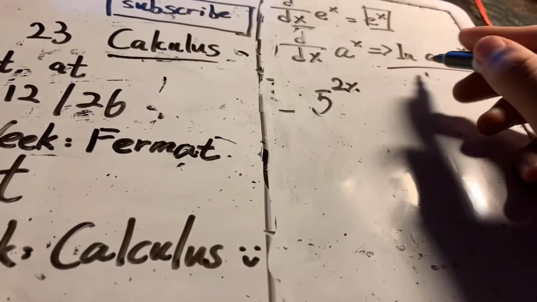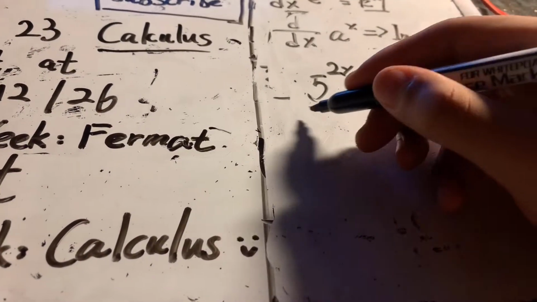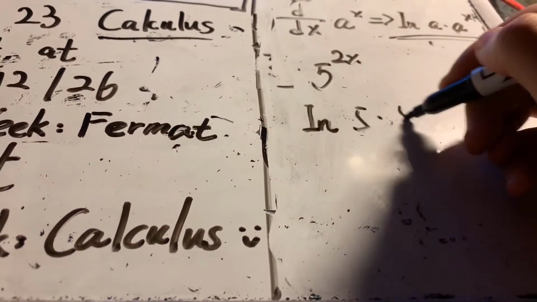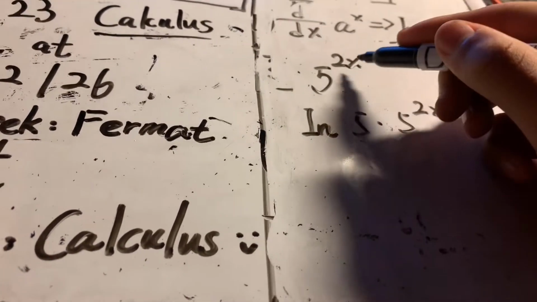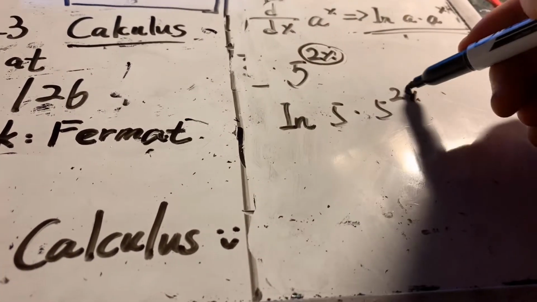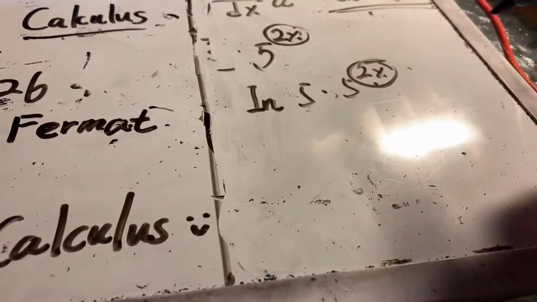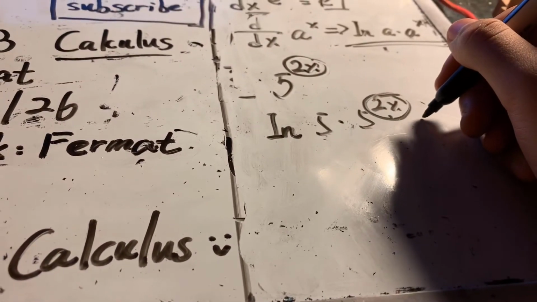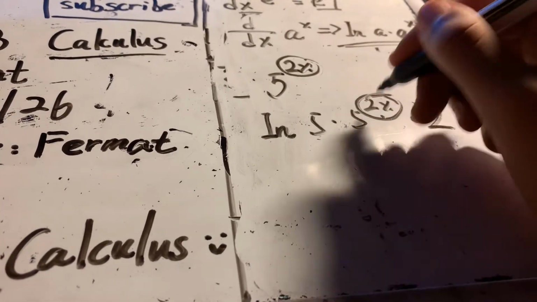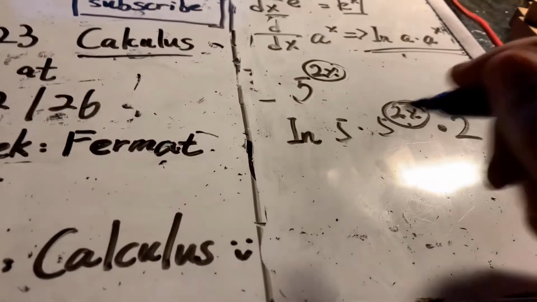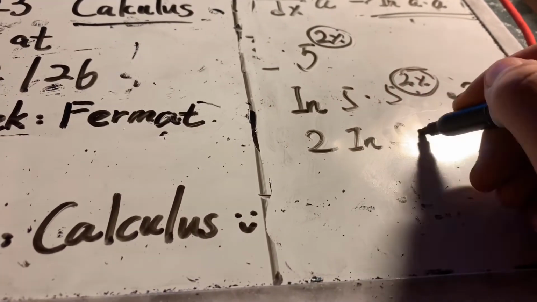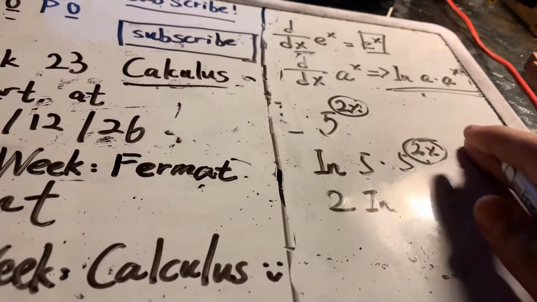Using the formula, we can get this as a direct formula. However, the exponent needs to be differentiated, so we take it out and multiply by 2, the derivative of the exponent. So the final answer for this is this times this.